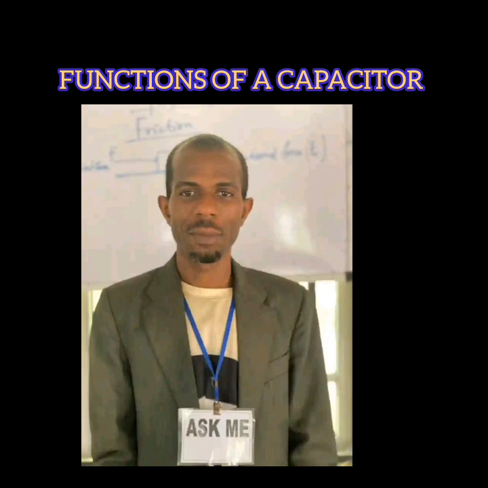Remember I told you that when you give a charge to a conductor to produce a potential difference in an electric field, that is capacitance. Capacitance, or capacity, is the ratio of the charge on either conductor to the potential difference between the two of them.